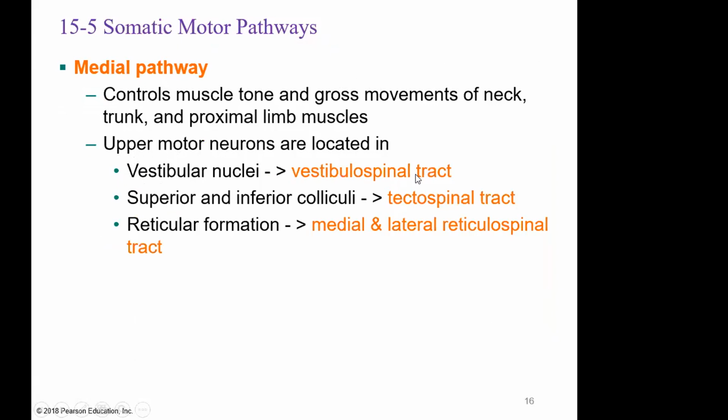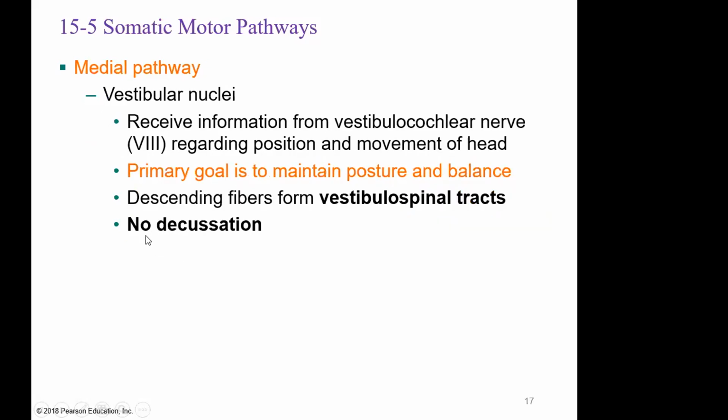So this is our vestibulospinal tract. Superior and inferior colliculi, you guys have seen those words as well. Tectospinal tract. And then the reticular formation. So we've talked about that as well. So now we're going to be looking at the medial and lateral reticulospinal tract. So let's walk through these.